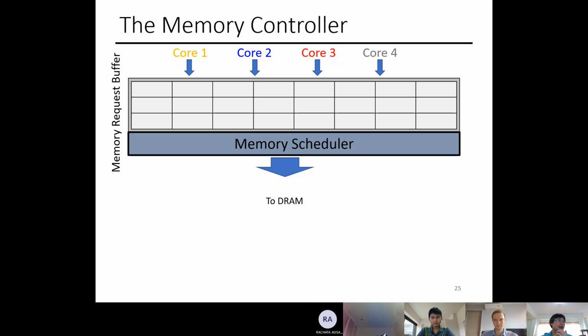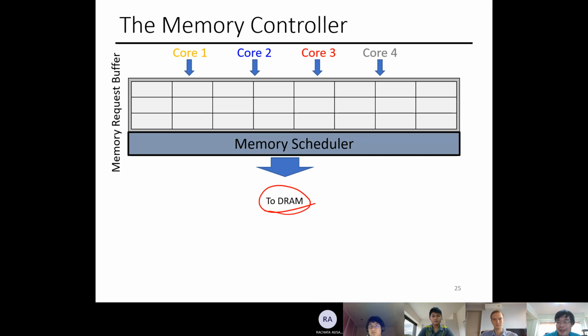Okay, so I'm going to continue talking about how the memory works by talking about another unit called the memory controller. The way it works is whenever you have a cache miss, and it wants to access DRAM, which is right here, right?